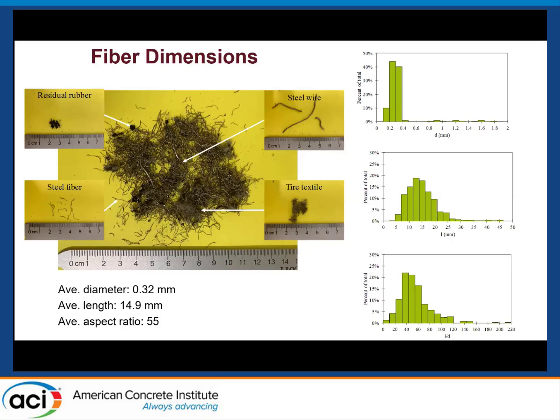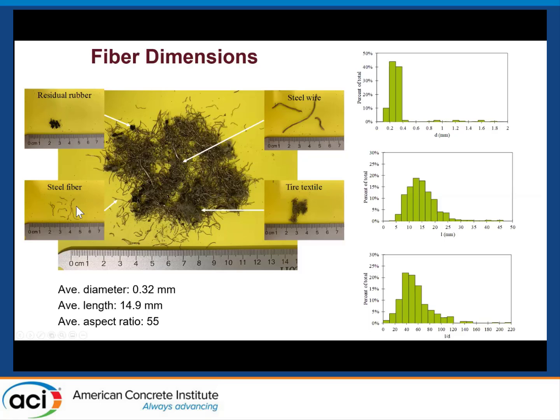Unlike the industry-made steel fiber, recycled steel fiber samples contain several foreign elements, including the residual rubber, the steel wire, and the tire textile, and also steel fiber. Another difference between the recycled steel fiber and the industry-made steel fiber is that recycled steel fiber has varying fiber dimensions.